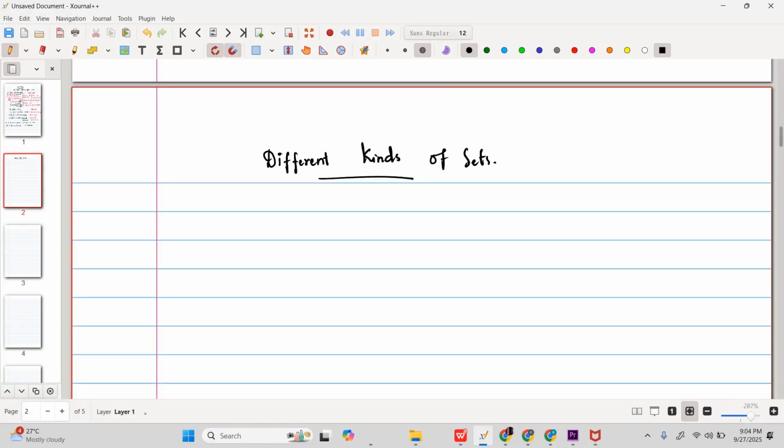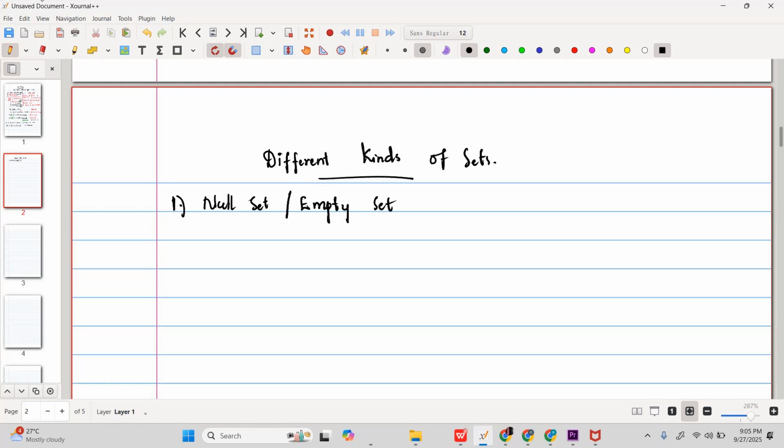I want to explain the first kind of set, which is a null set. Null set means an empty set, so it can also be named an empty set. Empty set means there is nothing in that set.